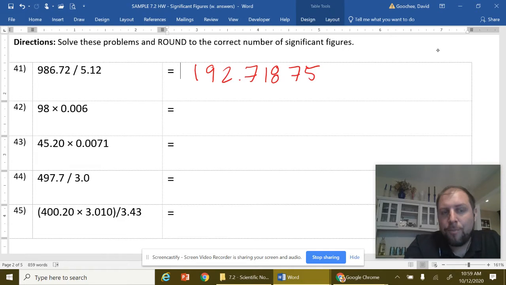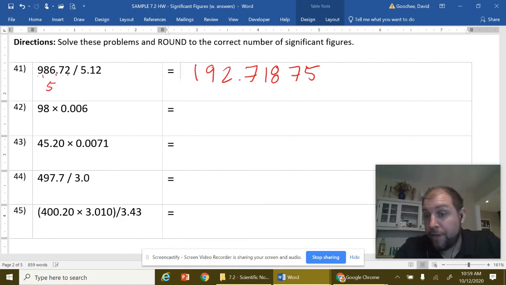But here we go. This number right here, 986.72, has 5 significant figures. 5.12 has 3 significant figures. Your answer has to round to whichever one of your inputs had the lowest number of sig figs.